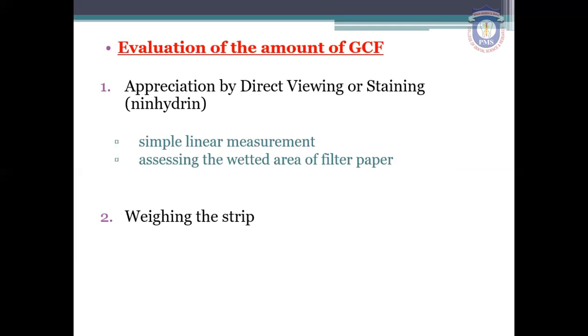Now, how can you evaluate the amount of GCF collected? First method is, when it is in the paper strip, we can view it directly or use stains like ninhydrin, so that we can either linearly measure the presence of GCF in the paper strip, or assess the wetted area in the paper strip. Then the next method is weighing the strip.